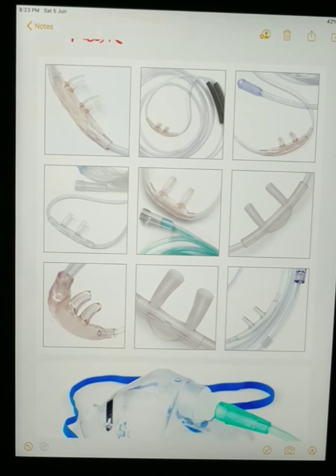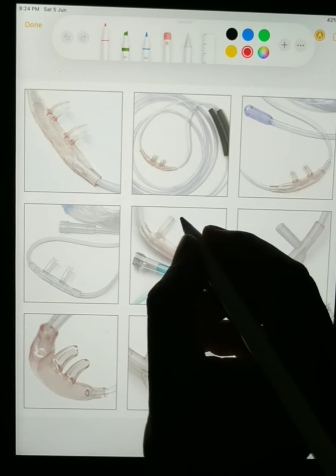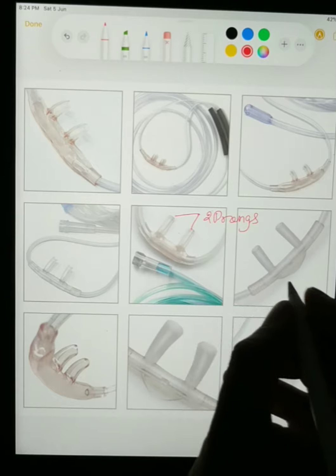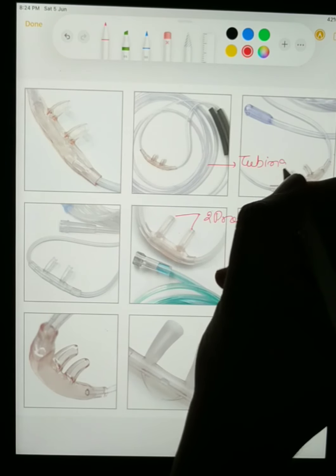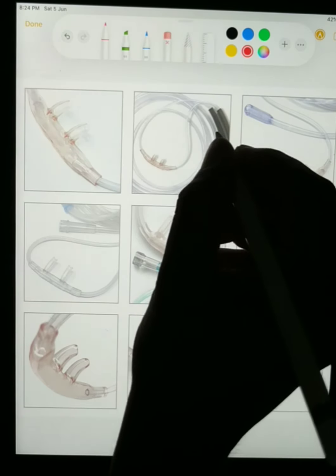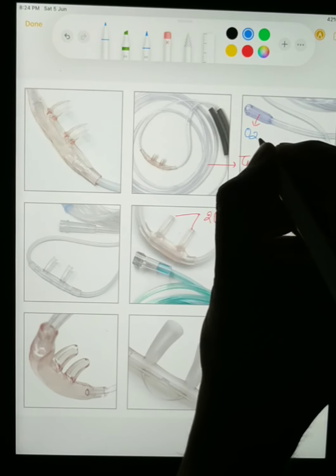So we will continue with low flow system. First of all, a nasal prong or nasal cannula. It consists of two prongs with tubing. These two prongs are put in the patient's nares, and at the end of the tube, this part connects to the oxygen system.